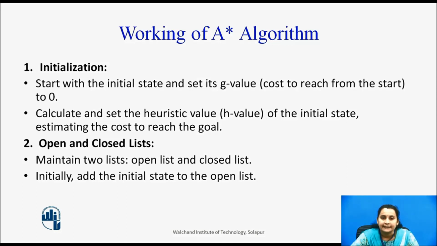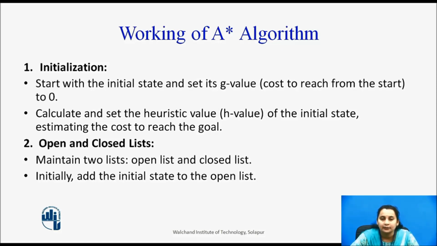So calculate and set the heuristic value. The heuristic value is set for each and every node present in that graph. But what is the heuristic value? It is the direct distance, the straight line distance, from that particular nth node to the goal node, using some Euclidean distance.